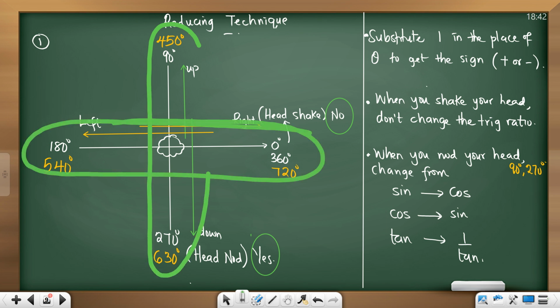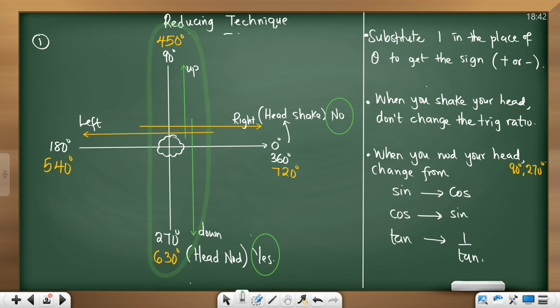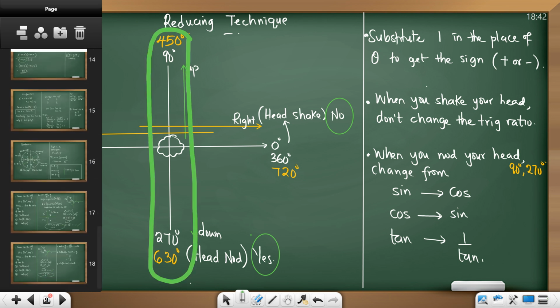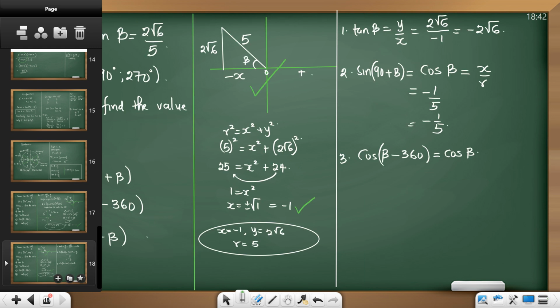I change at 90 and 270, moving vertically. When I'm moving horizontally, my trig ratio does not change, but when I'm moving vertically, I change the trig ratio. And we've applied that even today.